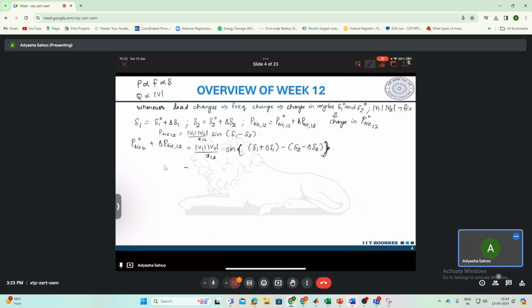Here again if I rearrange those terms, what I'll be getting is sine of delta 1 minus delta 2 plus del delta 1 minus del delta 2, right? This is plus.